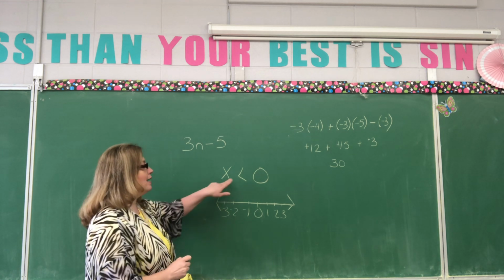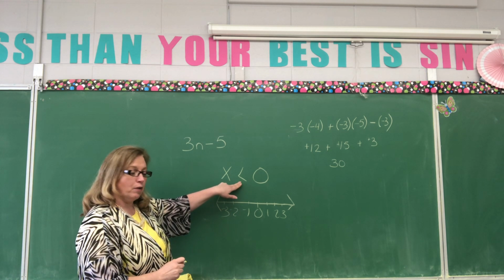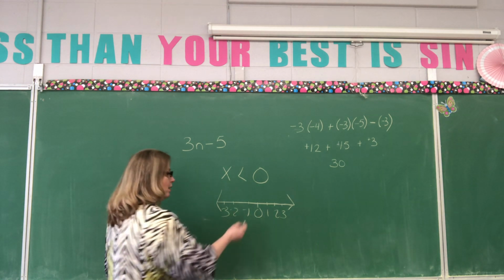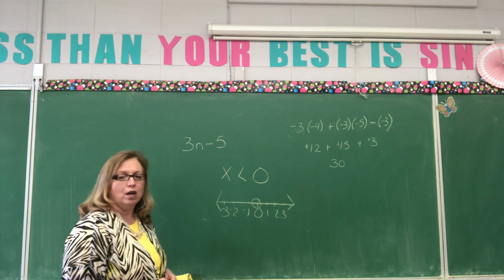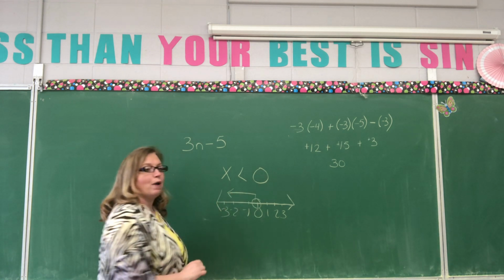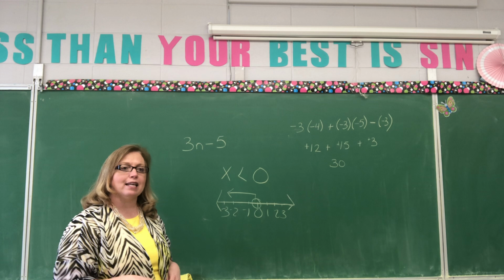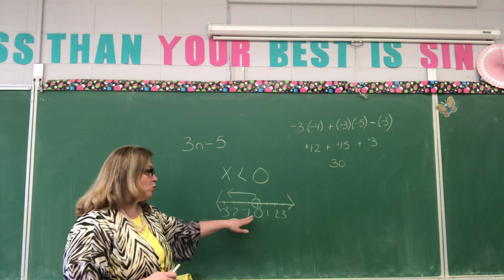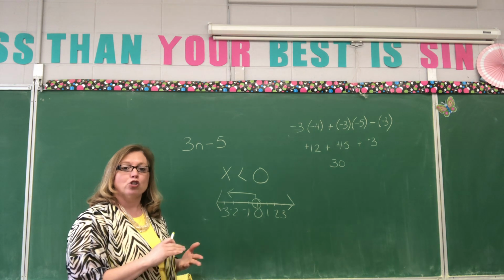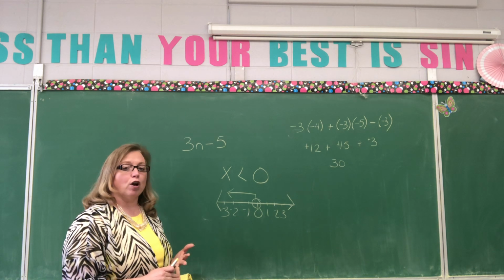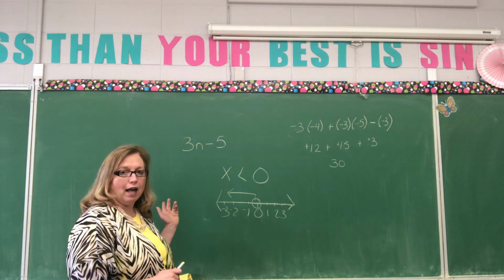Now, x is less than 0. So here's my 0. It's less than. Am I going to fill it in or am I going to circle it? I'm going to circle it because it's not equal. So what I needed to do was to graph it and then go to my test and look for the one that said, find your number marker, which means the 0, circle the 0 number marker, and draw the arrow to the left.